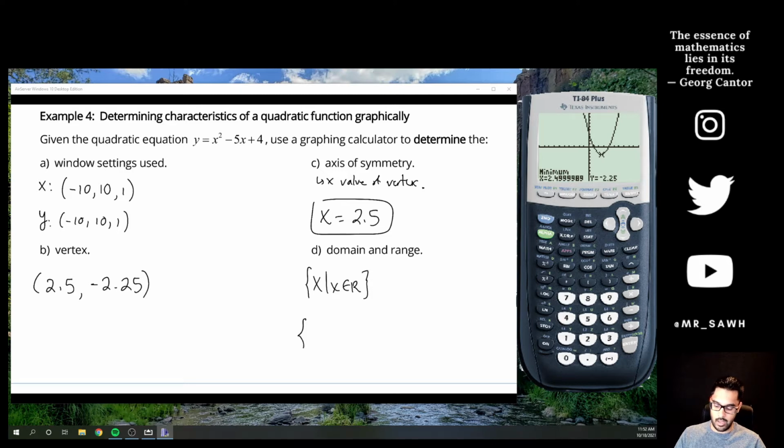But for y, it comes from, again, our vertex. So y has to be greater than or equal to -2.25. And I know it has to be greater than because it's a minimum and everything else must be larger than it. Everything's above it, so that's how I know it's a greater than. Okay, so as long as I can find it using my calculator, I can still answer all the same things as before.